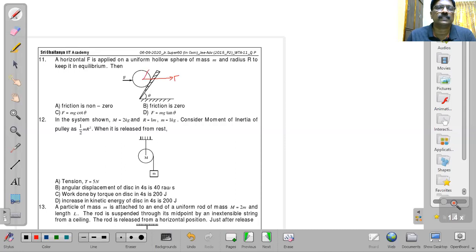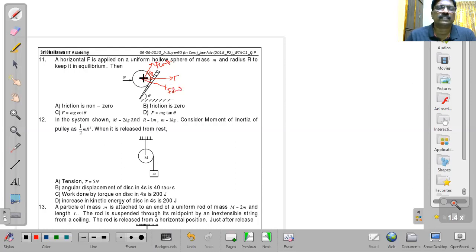Resolve this force into two components, one along the inclined plane and one perpendicular to the inclined plane. If the angle is theta, then this component is F cos theta, and this component is F sin theta. This F sin theta is perpendicular to the plane.